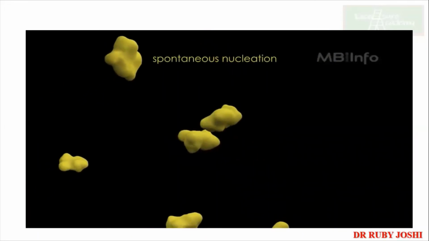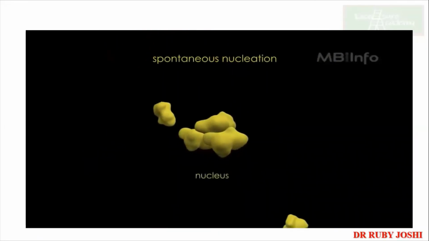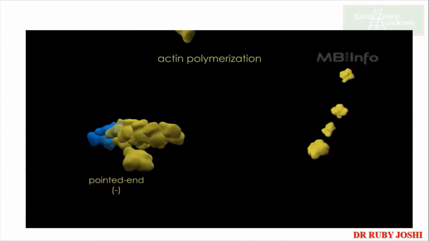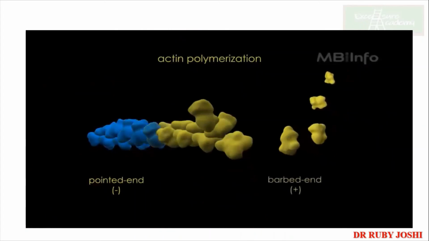So the moment 3 G actin will come together, the nucleation will start. So you can see like how plus ends and minus ends form.